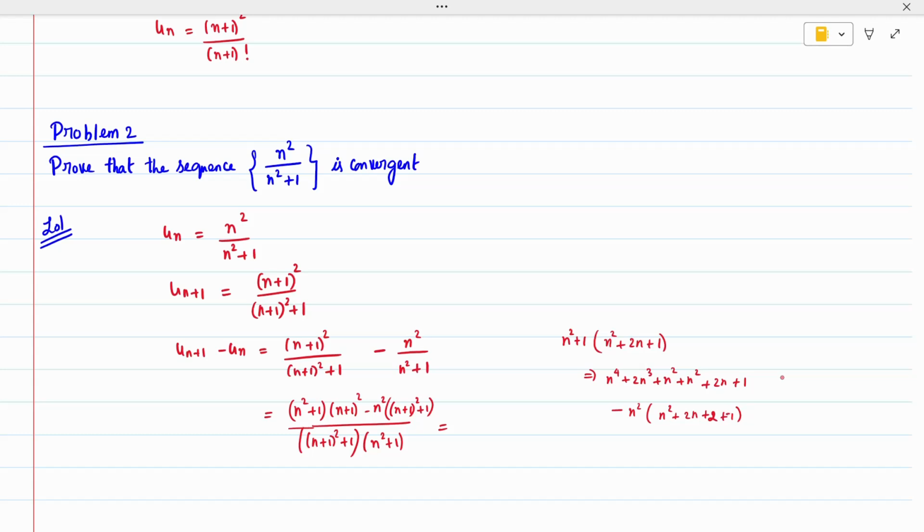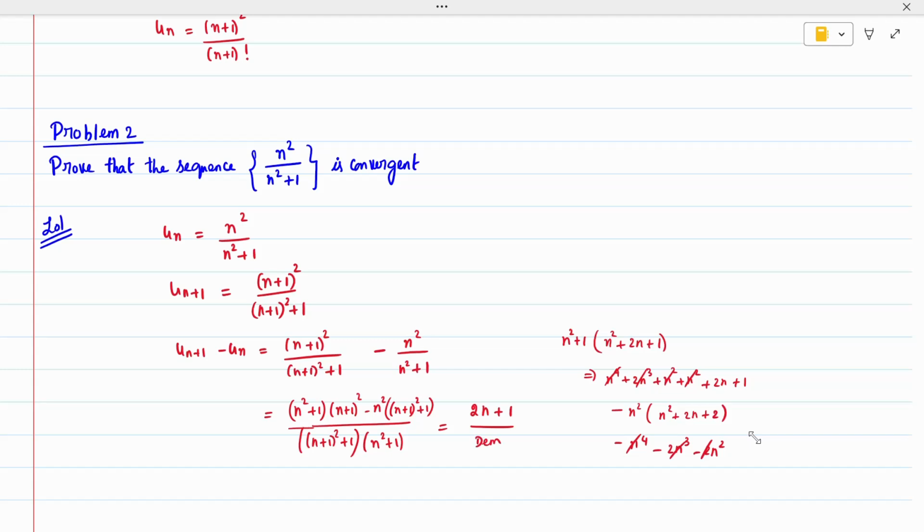So it's plus 2 I will write it. Now multiply and check: minus n power 4 minus 2n cube minus 2n squared. Now n power 4 gets cancelled, 2n cube gets cancelled, and this gets cancelled. So the answer will be 2n plus 1 divided by the denominator term. Denominator as it is.